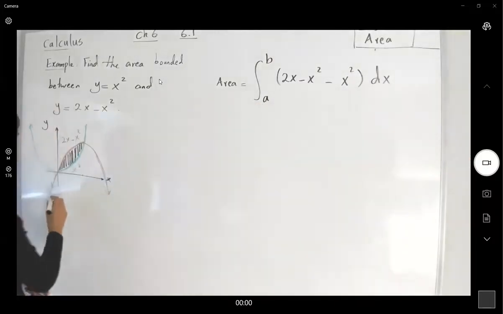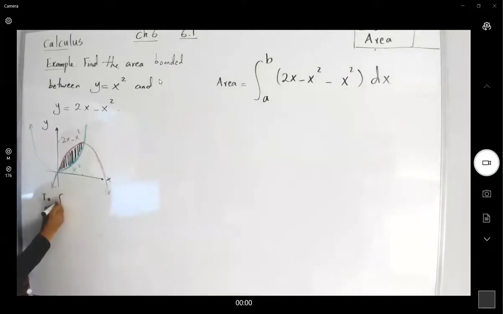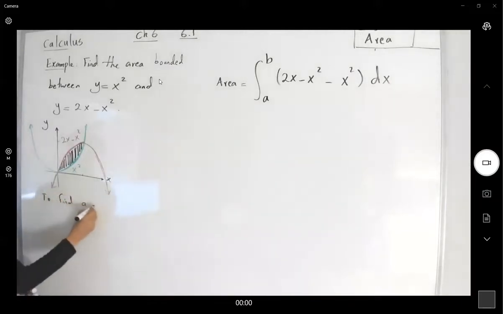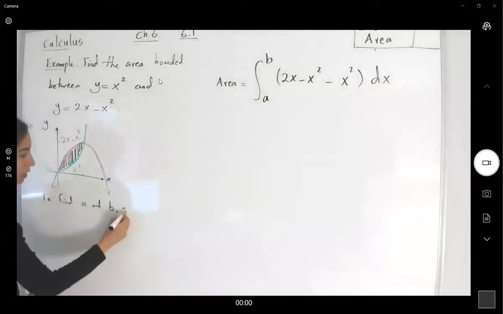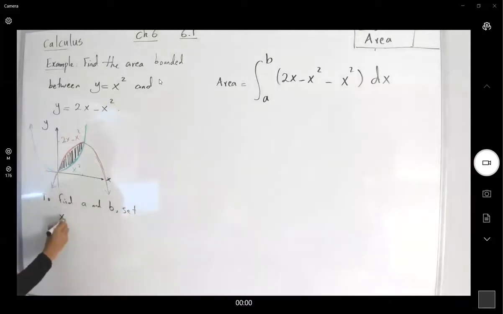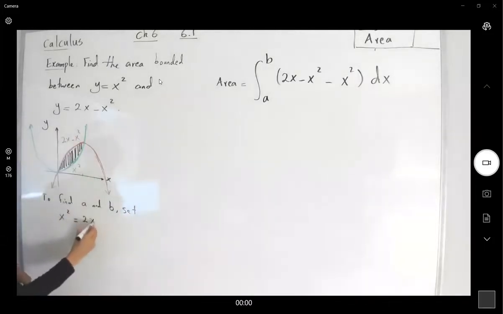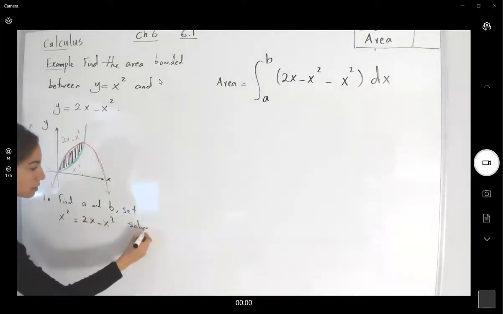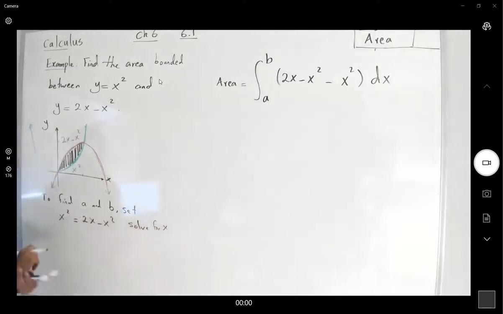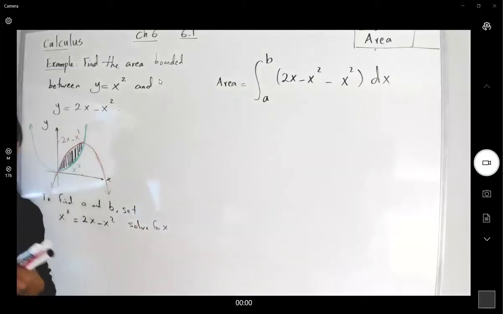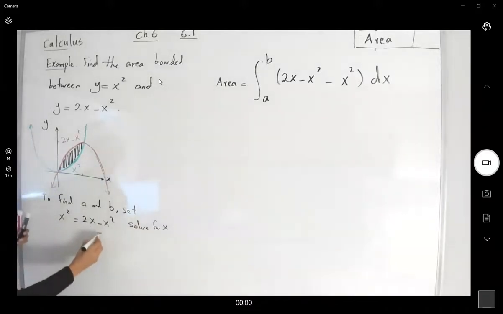So to find a and b, set x squared equals to 2x minus x squared. So we need to solve for x. It means that we need to form a quadratic equation. So you can add x squared to both sides.